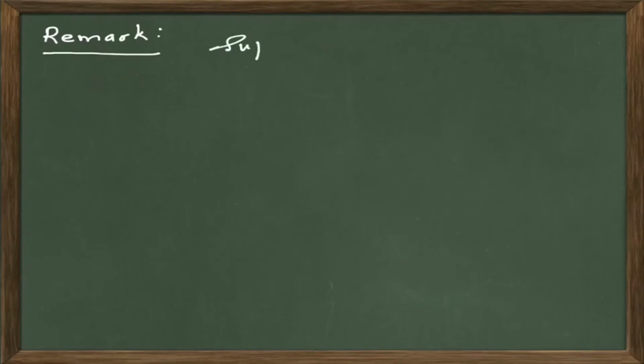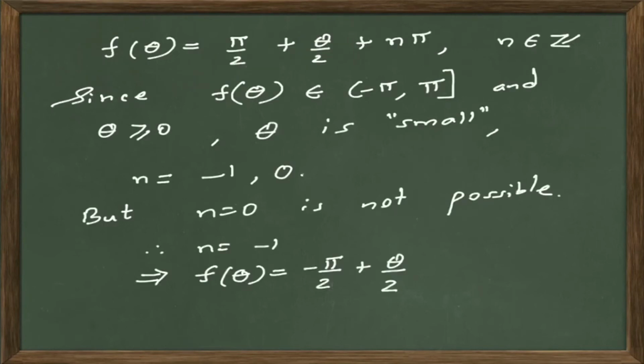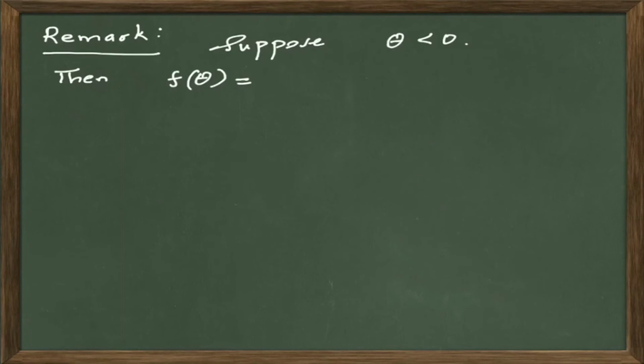Suppose theta is negative, then f of theta is equal to pi by 2 plus theta by 2 plus n pi for an integer n.